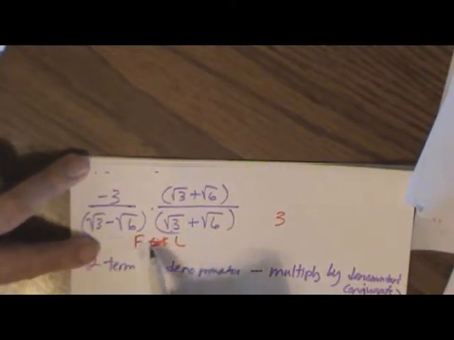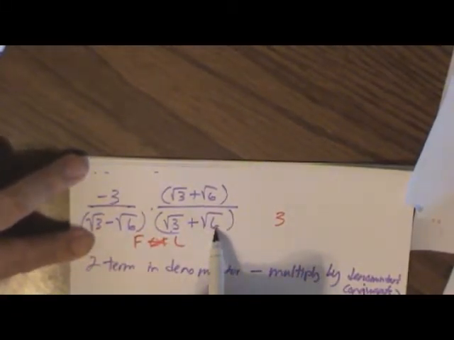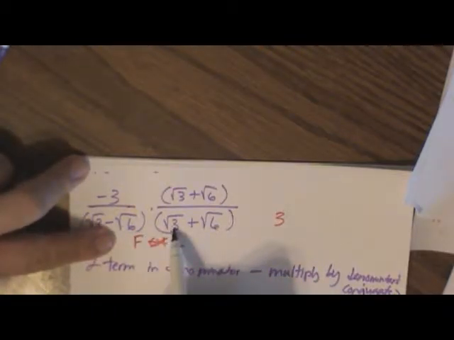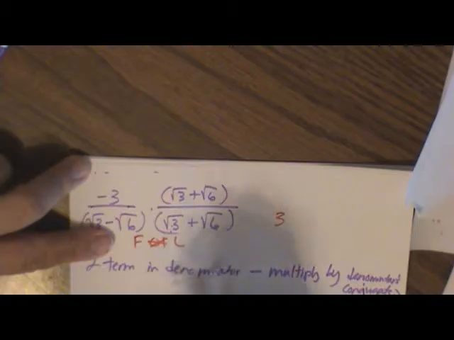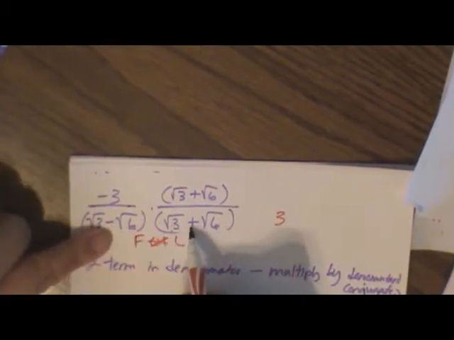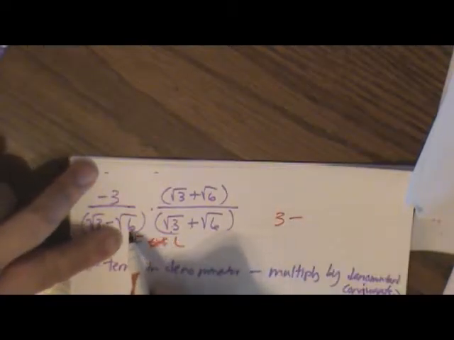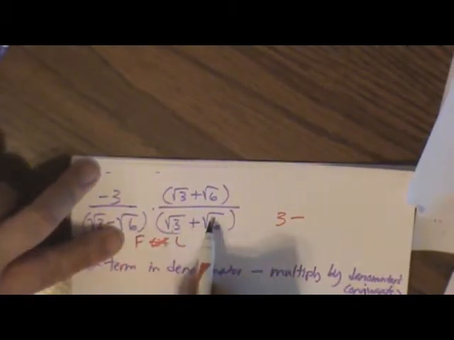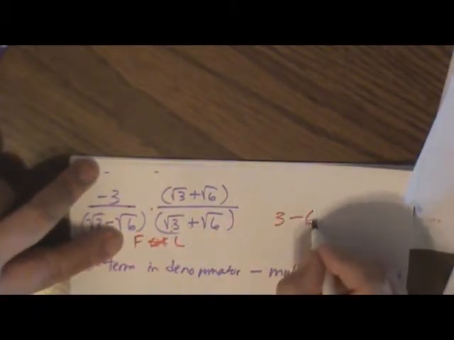And then on this one, you're going to have a positive square root of 18, and here you're going to have a negative square root of 18. So those will in fact cancel, which leaves you with just negative times positive, which is negative, and then you have a pair of 6's. Since your index is 2, a 6 will come out.